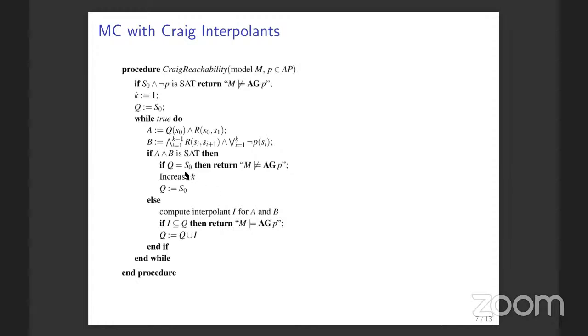But if you do get a SAT, then you have to increase the K and restart all over again, because there could be a bug which is more than K long, and that's how the loop works.